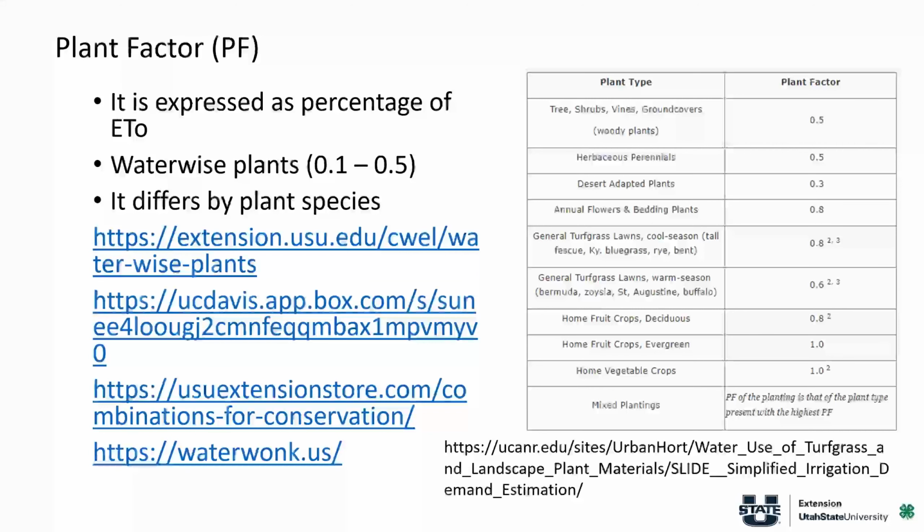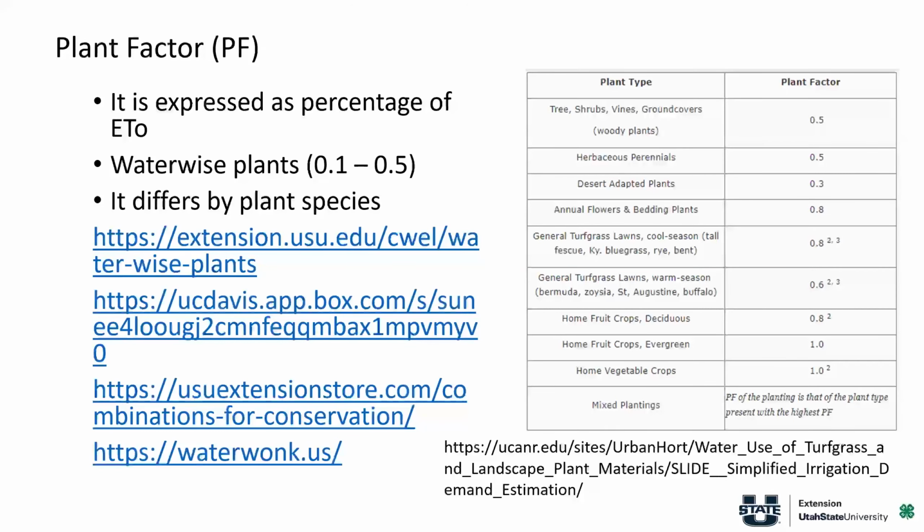But then there are a lot of plants whose plant factors have been identified, and these links will provide you with the information on what the plant factor would be for different plants. There are a lot of different plants, and the plant factor is not available for all of them.